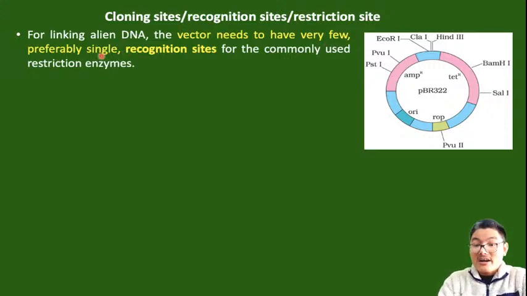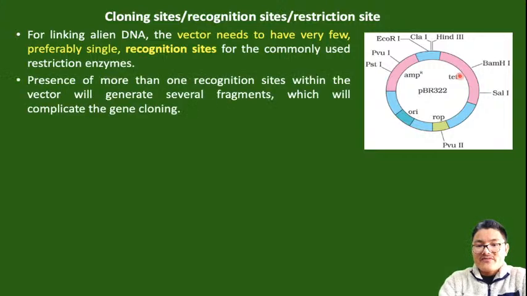So a good cloning vector is said to have one restriction site, one cloning site, or one recognition site. If we have many recognition sites, then there is difficulty in joining the gene of interest.